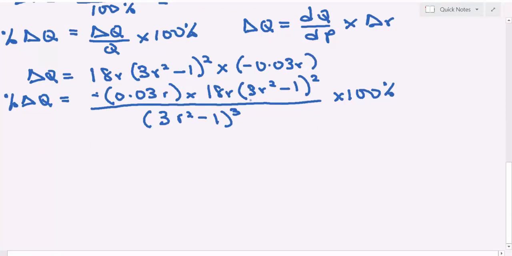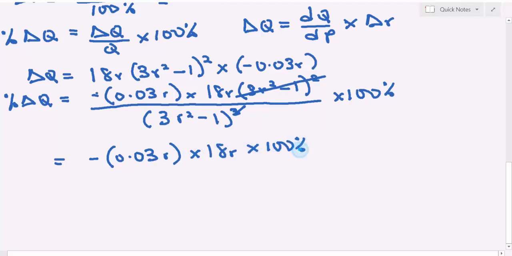So let us start striking out. 3R squared minus 1 all squared, we go off and we'll cancel just only 1 here. So we are left with minus 0.03R times 18R times 100% all over 3R squared minus 1.